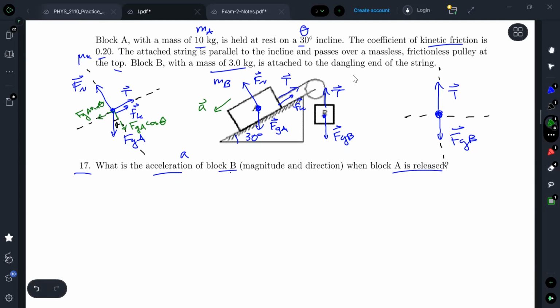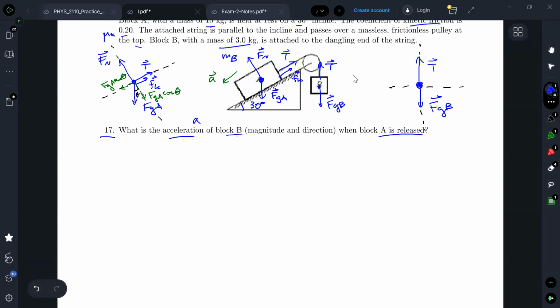Now I set up my second law for both. So we'll start with A. We've got tension minus FGA sine theta plus kinetic friction equals the mass of block A times its acceleration, which really, since I guessed that acceleration points down the ramp, should go that way.